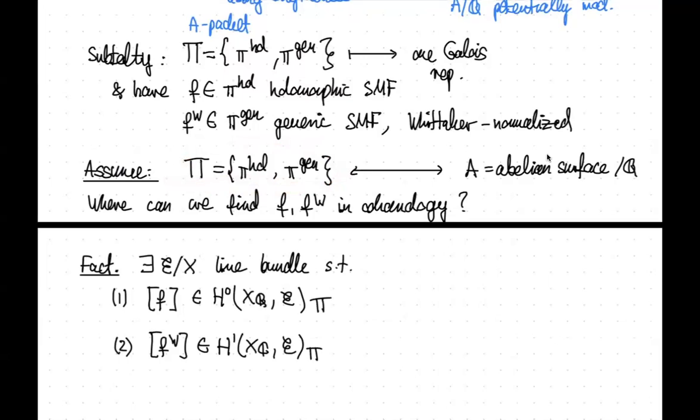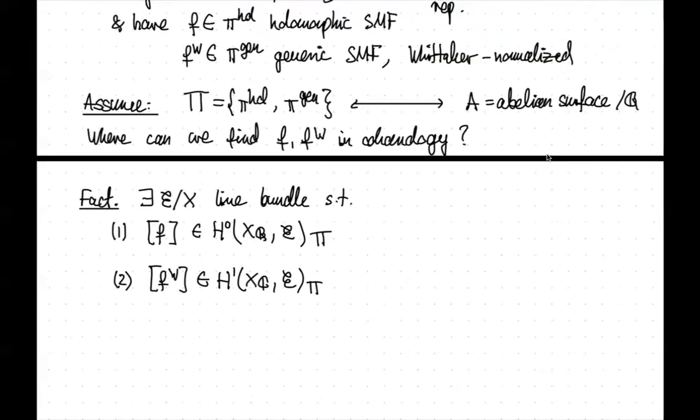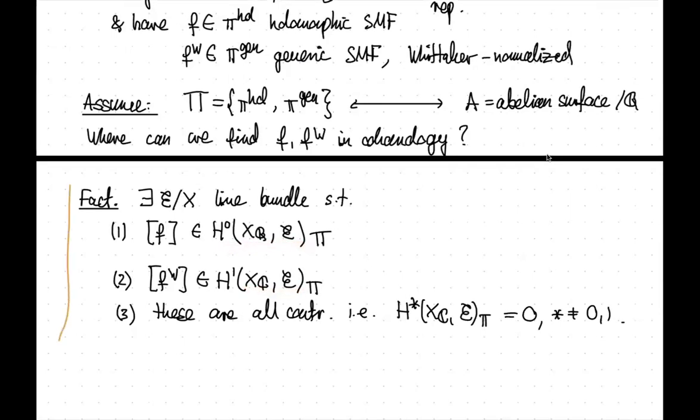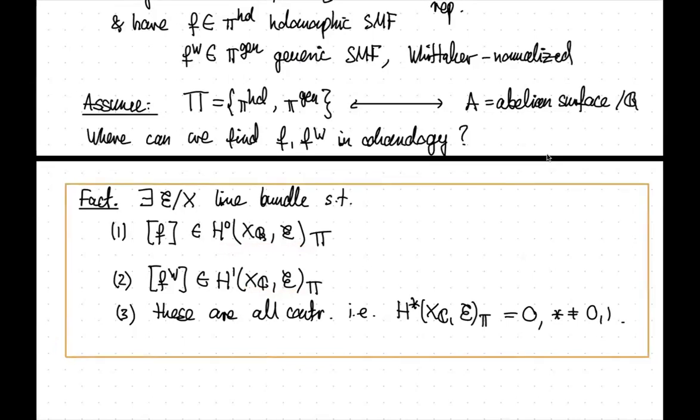Okay, so that's where you find this in cohomology, and maybe let me finish this by saying that these are all the contributions, i.e. H^*(X, L_π), let's say, is 0 for * not equal to 0 and 1. And also I want to say that these parts are actually one-dimensional. Okay, so let me state this as a fact and just move on.